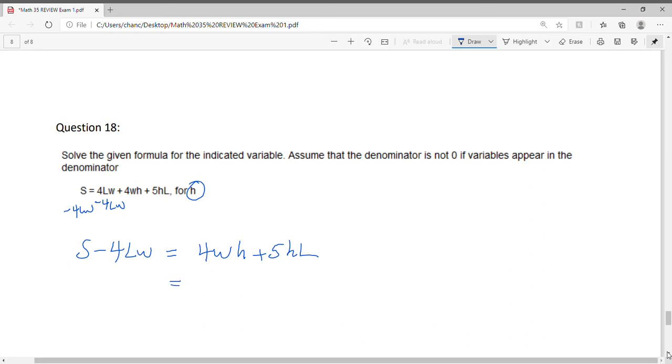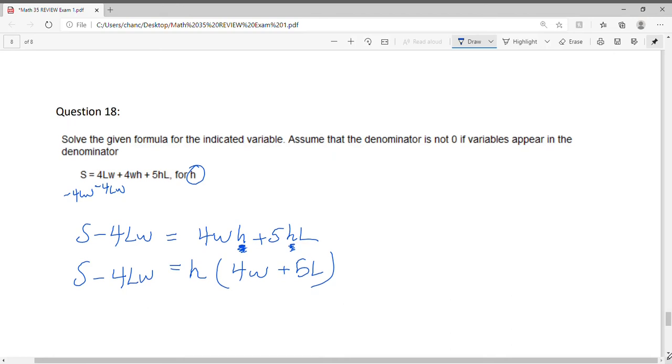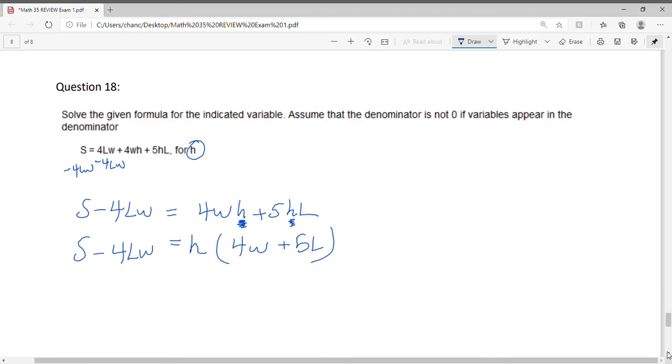I can factor out the h from both of these terms. So we'll take out the h, and that leaves us 4w plus 5l. If you're not sure, distribute it, and you should get the original term back. On the left, I didn't do anything. We'll just copy it as s minus 4lw. We have one more step to go. We want to solve for h.